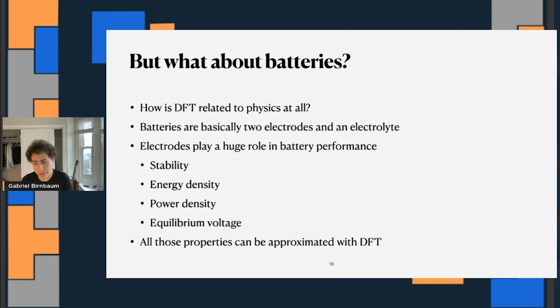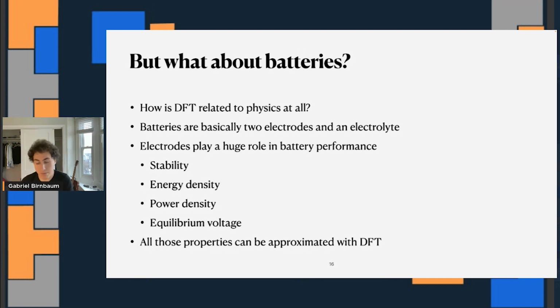These electrodes play a huge role in the performance of a battery. They determine how stable the battery is, its power density, its energy density, its equilibrium voltage, its cycling stability, and more. And it turns out that to some approximation, all those properties can be determined from the electronic structure of the molecules that form the electrodes.